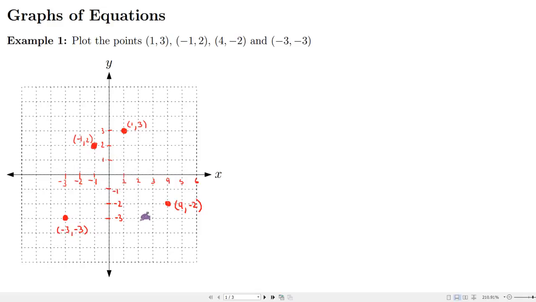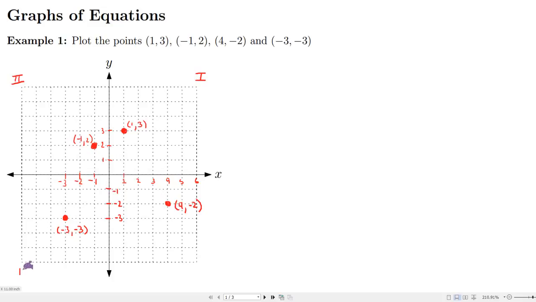There are also designated quadrants. When the x and y values are both positive, as in this point, this is considered quadrant 1, and usually you write that in Roman numerals. Then you proceed counterclockwise. That's just the convention. So in the negative x direction but positive y direction, this is quadrant 2.